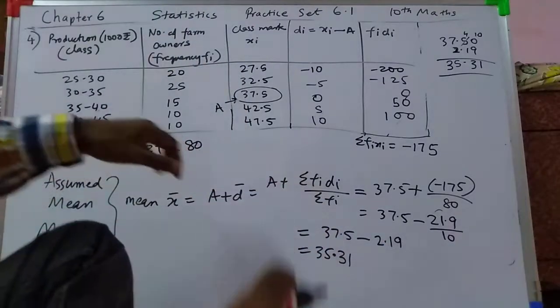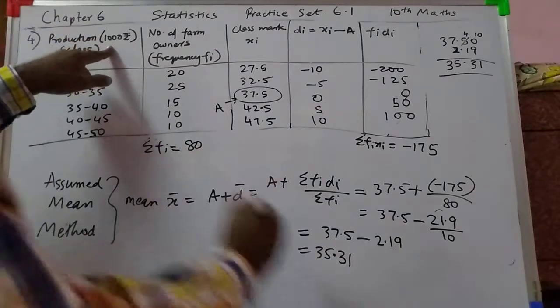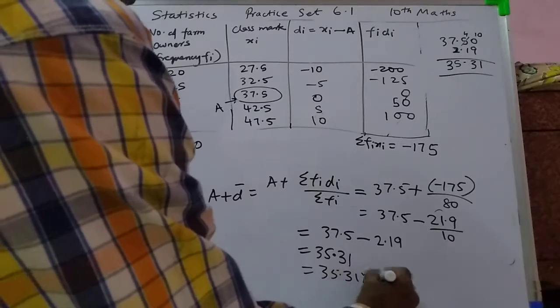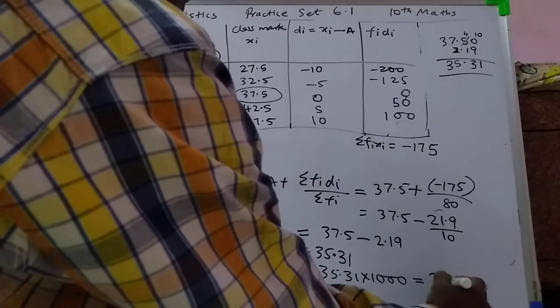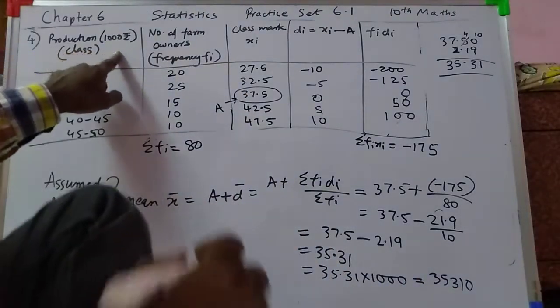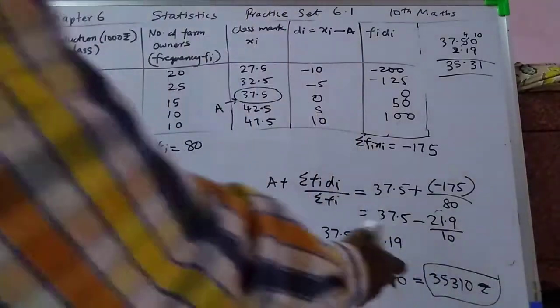But here 1000 is given, so that is equal to 35.31 into 1000. So that will become 35310 rupees. That is the final answer.